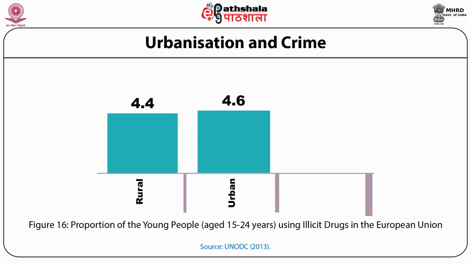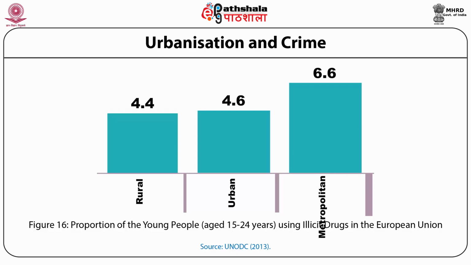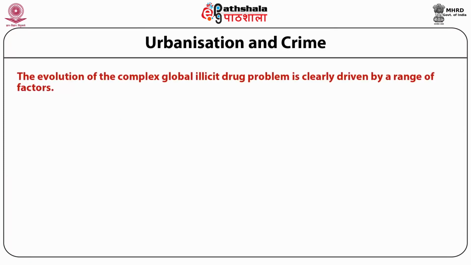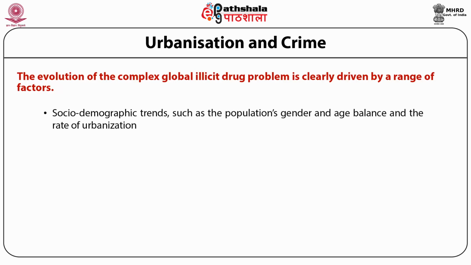Although these ratios seem a little higher in urban areas than the rural ones, we can see that the metropolitan cities are more severely affected, as 6.6% of the young population is found to be using illicit drugs. The evolution of the complex global illicit drug problem is clearly driven by a range of factors. Socio-demographic trends such as the population's gender and age balance and the rate of urbanization are influential.